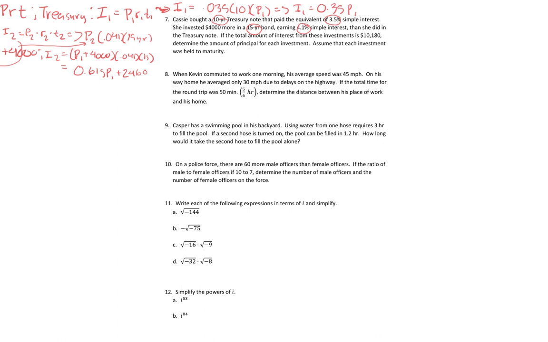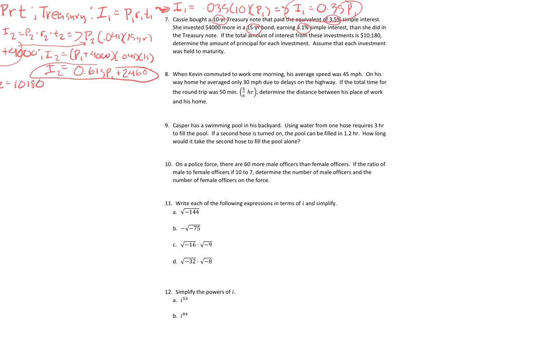So the total amount of interest, that's going to be I1 plus I2 is equal to 10,180. We have our expression for I2 right here, and we have our expression for I1 right here.